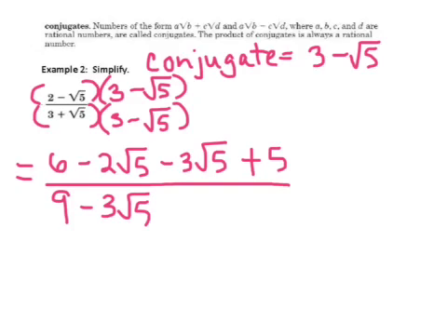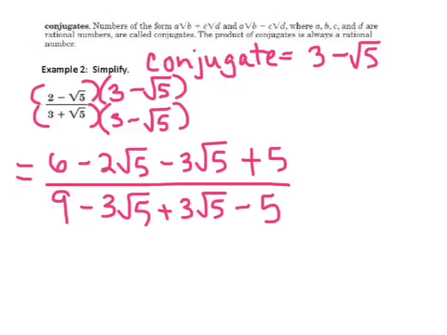And the inner product, we get positive 3 times positive root 5 for plus 3 root 5. And the last product, positive root 5 times negative root 5 for negative 5, since the square root of 5 times the square root of 5 is 5.